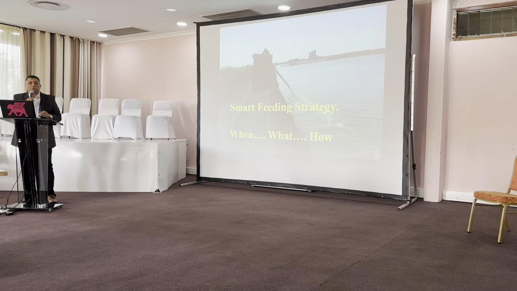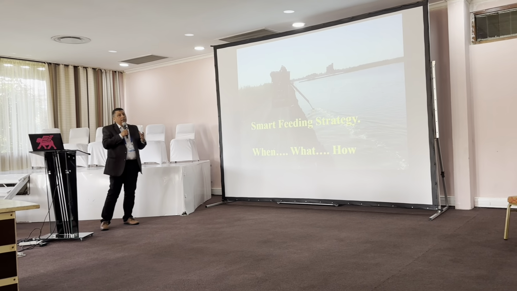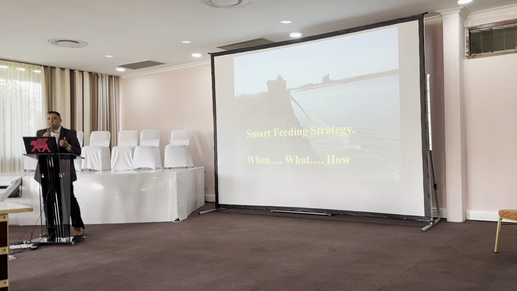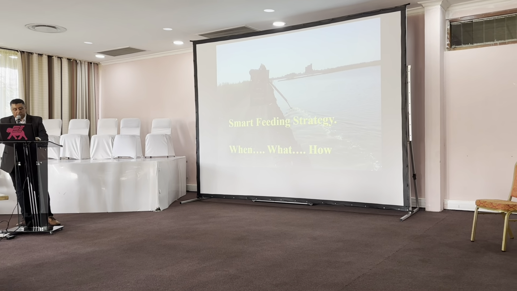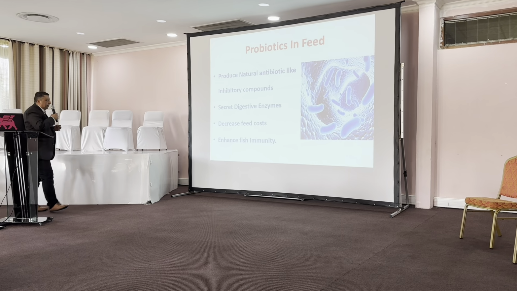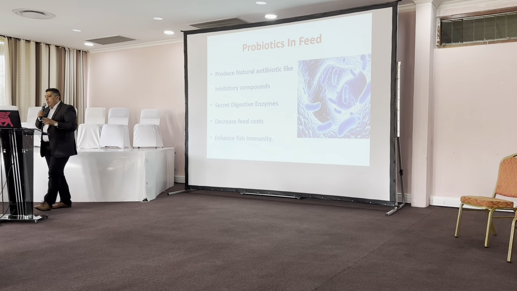Also, on the farm, we should take care and guide the farmers on when and what and how they feed their fish. Also, probiotic has a role in feed. Some feed factories and farmers add probiotic in feed.